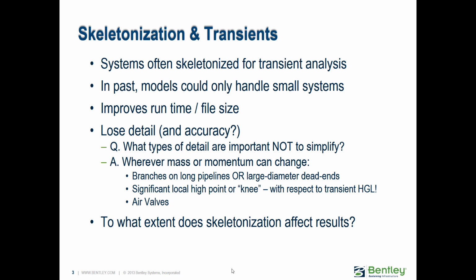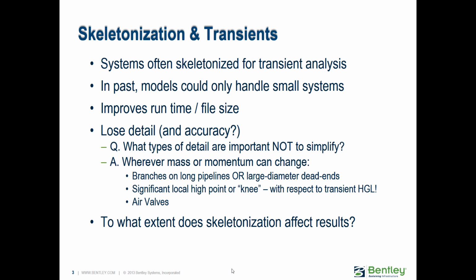But in HAMMER, when we're dealing with how waves are reflecting and interacting, you really need to make sure the model is physically accurate. Often you can skeletonize down to just the main areas that will have the biggest impact, and that helps a lot with the time taken to clean things up, the time taken to compute the model, and also the file size.